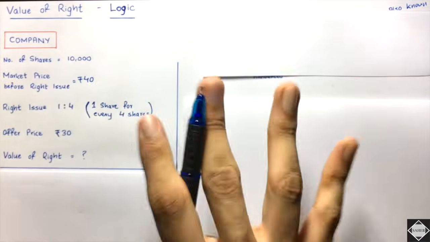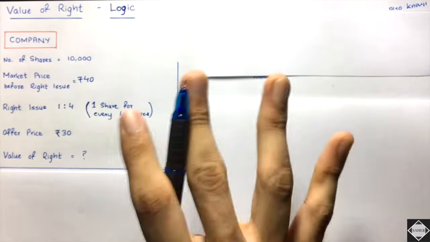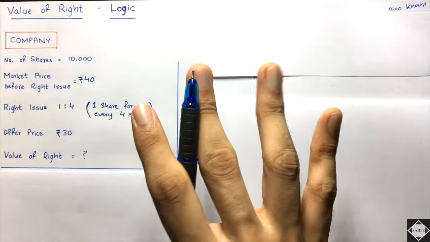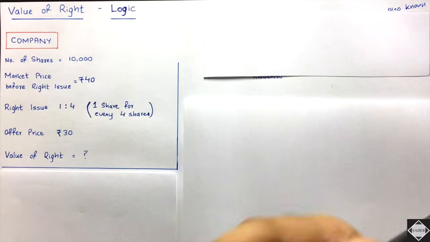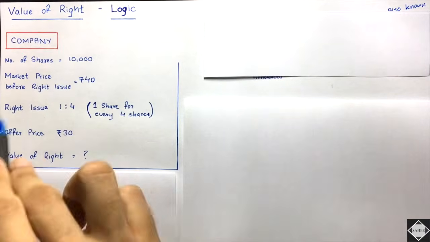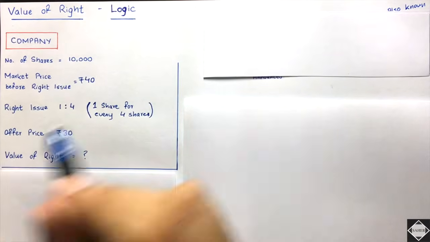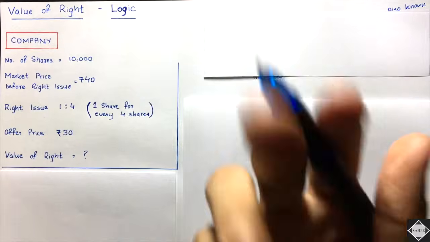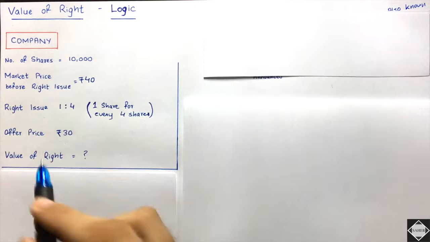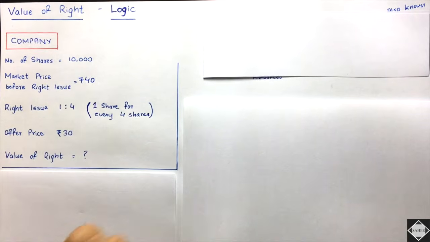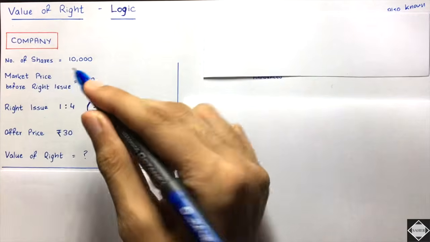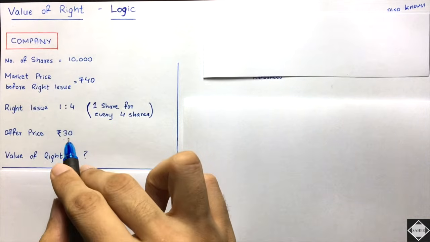If you have 4 existing shares in the company, then only you will get a single right to purchase 1 additional share. That is the meaning of this. And then the price at which the right issue is happening, the offer price, subscription price, or right issue price, whatever you want to call it, is rupees 30, which you all know will be at a discount to the current market price.